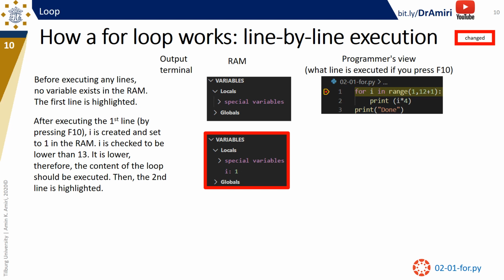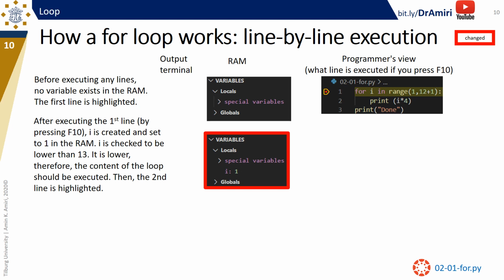That means i is created and set to 1, the first argument in the range function. i is checked against the second argument, that is 13. Since i is lower than 13, the content of the loop should be executed.